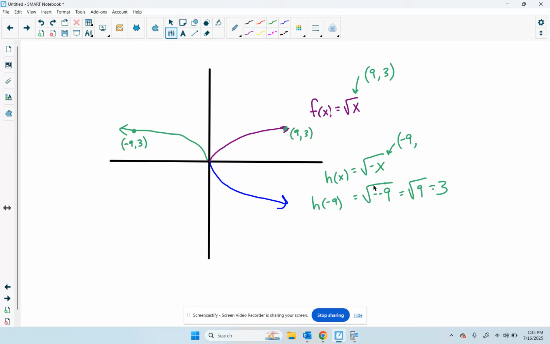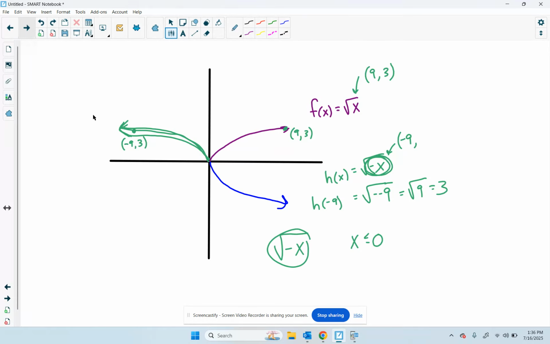So your domain has to be all numbers such that whatever is inside here remains positive. So negative x is fine in a square root as long as x is less than or equal to 0. If x is less than or equal to 0, then this is always going to result in a positive number. That's why the graph looks like this. Starts at 0, goes to the left. It's not defined for positive numbers because you'll end up with one of those imaginaries.